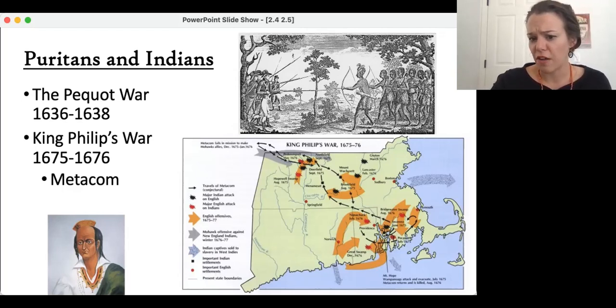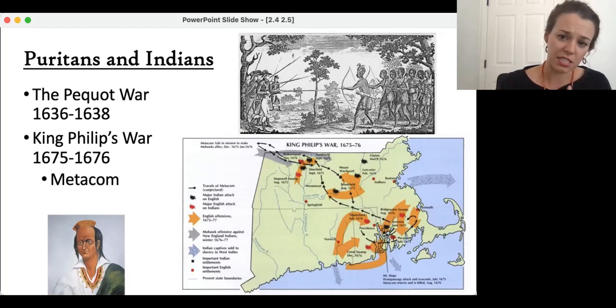Metacom is the chief of the Wampanoags, and he will unite the tribes in the southern New England area against the settlers. The settlers had begun to take native land, and thousands on both sides die. We see dozens of towns and villages destroyed. It's a really brutal war.